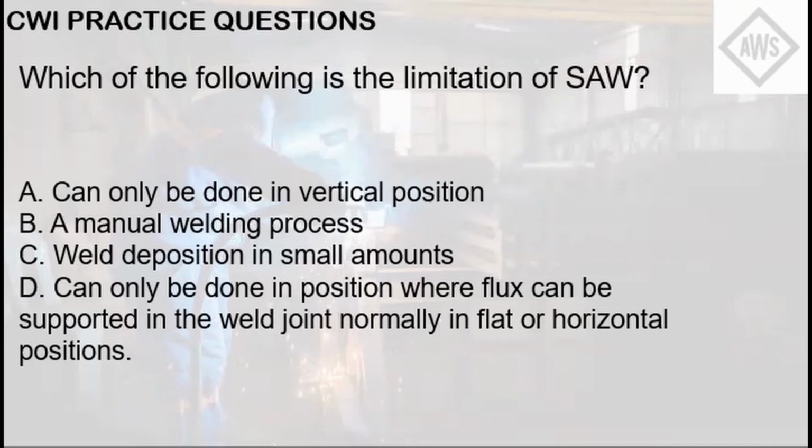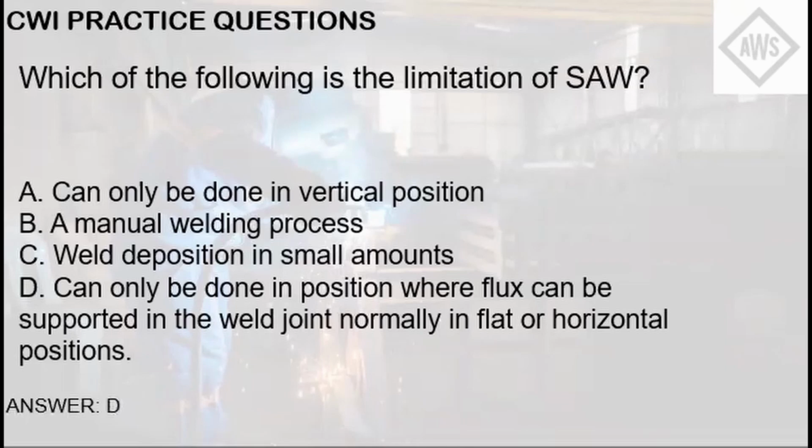So that's not a limitation of SAW. As you can understand by now, letter D is the answer, because it can only be done in a position where flux can be supported in the weld joint, normally in flat or horizontal position. You can just imagine it, so the answer here is letter D.